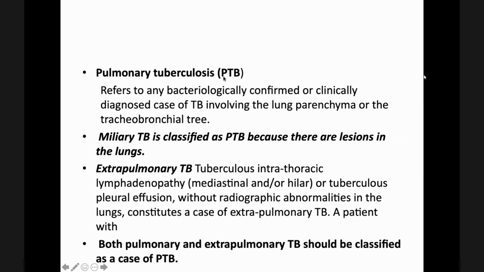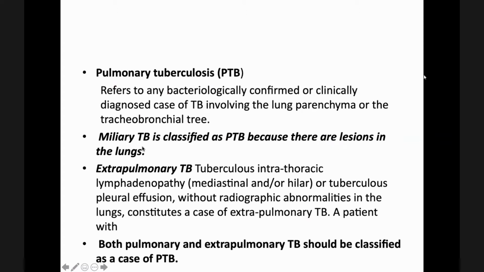So what is a pulmonary TB case? Pulmonary TB refers to any bacteriologically confirmed or clinically diagnosed case of TB involving the lung parenchyma or tracheobronchial tree. Miliary TB is classified as pulmonary tuberculosis because these are lesions in the lungs.